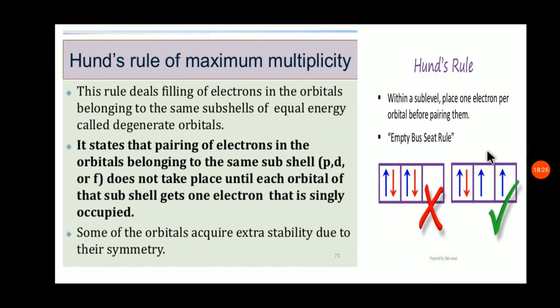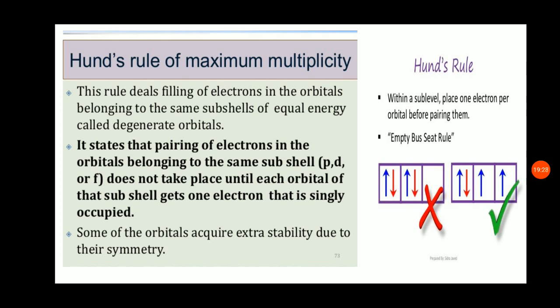Next goes to Hund's rule. This rule deals with the filling of electrons in orbitals belonging to the same subshell of equal energy, called degenerate orbitals.